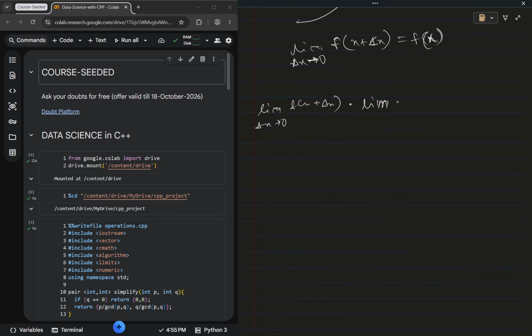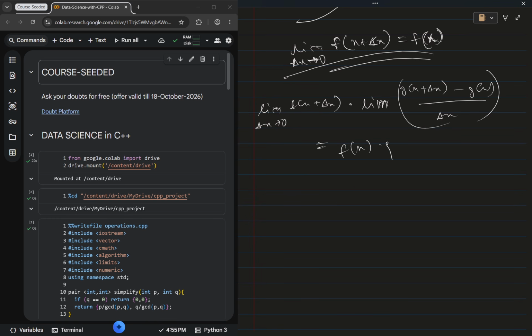That's the reason I'm separating them. So you can write this. You finally can directly see, since we proved this, f(x) times g'(x). And for the second one, you can prove that as well: g(x) times f'(x).